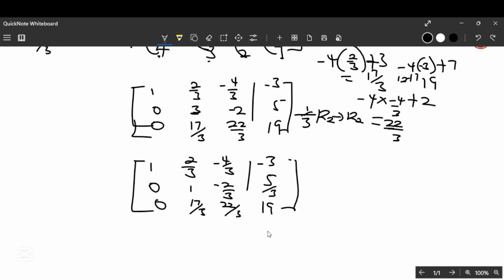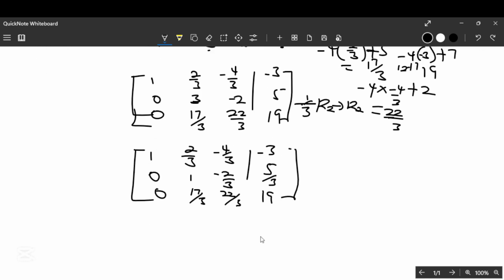Now that we have this place, this one gave us 1/3 of row 2 sent to row 2. The next thing to do is we want this particular place to become 0. This is 17/3, right?